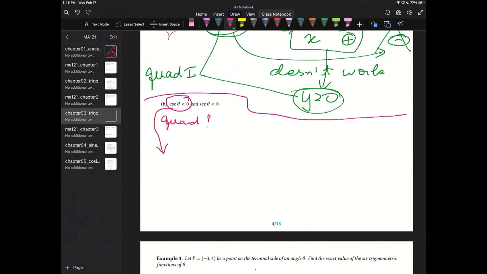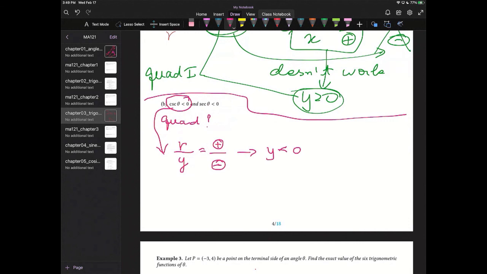Remember, cosecant is the reciprocal of sine, meaning you flip the sine definition, so you get r over y. If that is a negative number, according to the information given, less than 0 means negative. You know the top number here is always positive, and that fraction is negative only if the bottom number is negative, which tells me that y has to be negative.